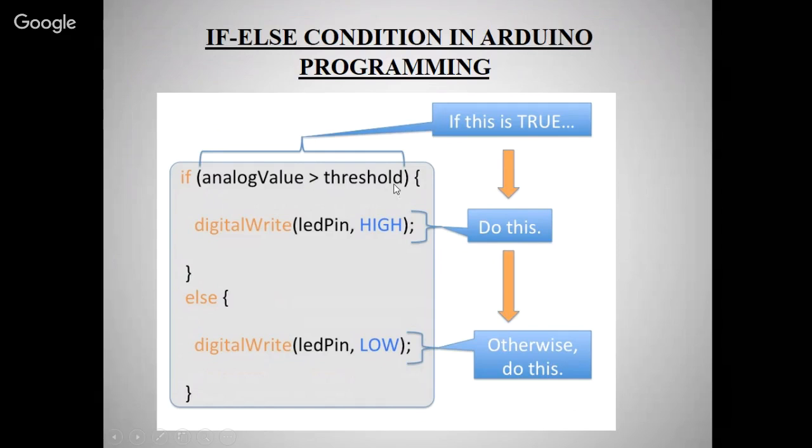If the analog value is greater than this threshold value, then digital write LED pin HIGH, meaning the LED will be on, the switch is on, the motor is on. Else digital write LED pin LOW, otherwise the motor is off or the LED will be off.